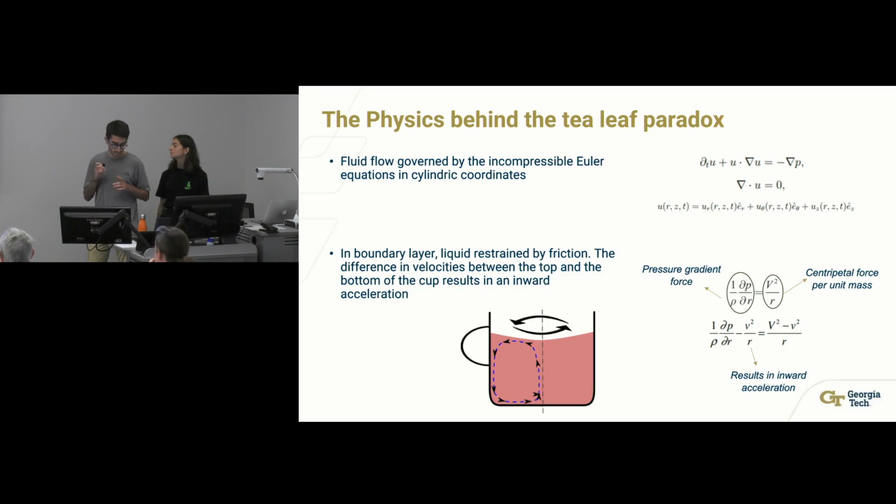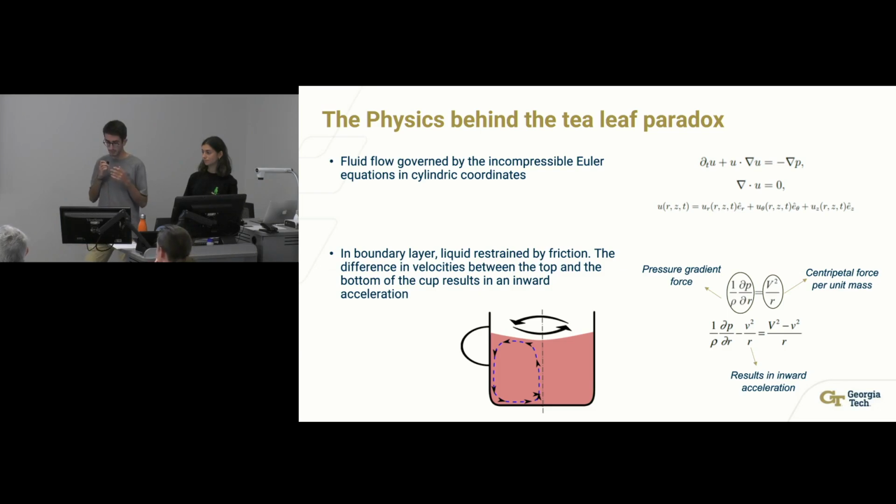The cylinder is axisymmetric, so there is no dependence of the fluid flow on theta, but it has swirl, so u theta is not null. We make the hypothesis that the gravitational forces are negligible compared to the forces involved in the phenomenon, and that the viscosity forces are also negligible.